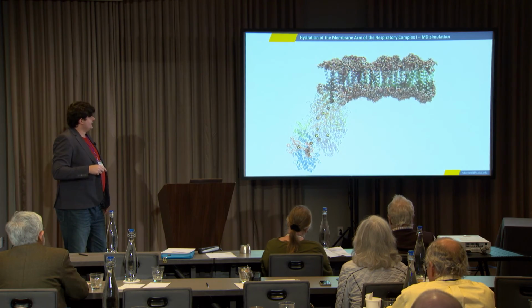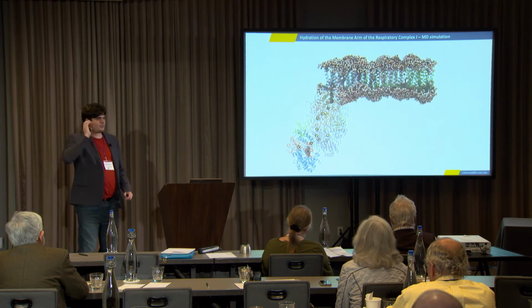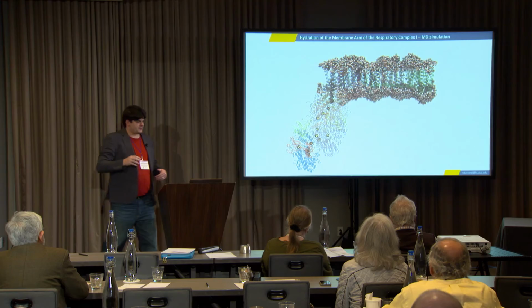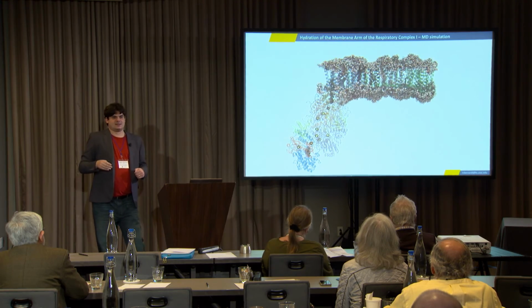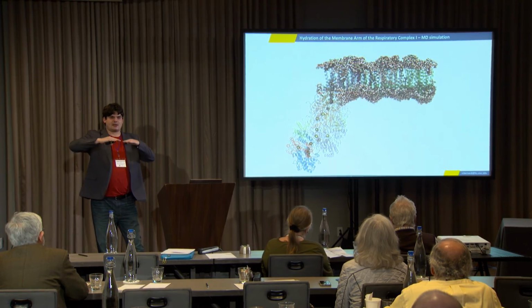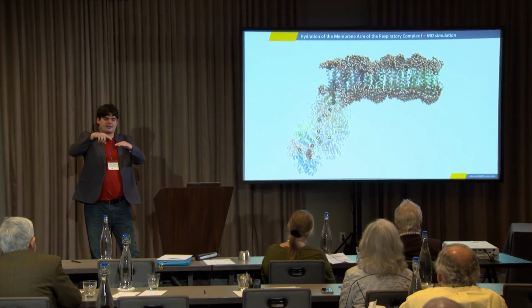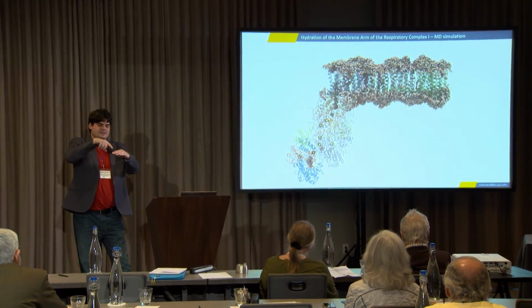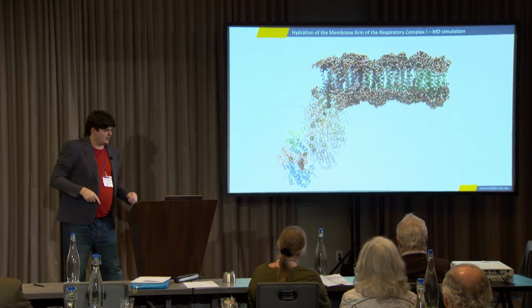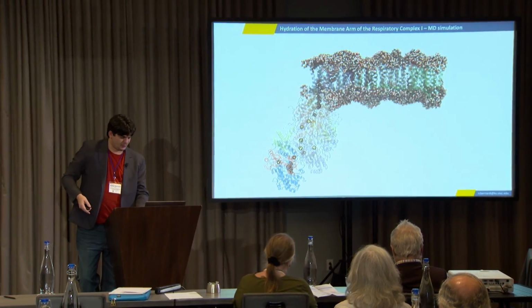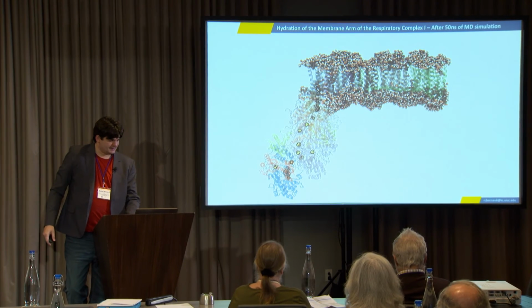This is water, and you can start to see the forming of some pores here. These pores are what we have to transport the hydrogen. What you have in the middle is like a lock that water cannot go through, but the proton can jump through. These are histidine and lysine residues where the proton can jump through and make the proton pumping process.